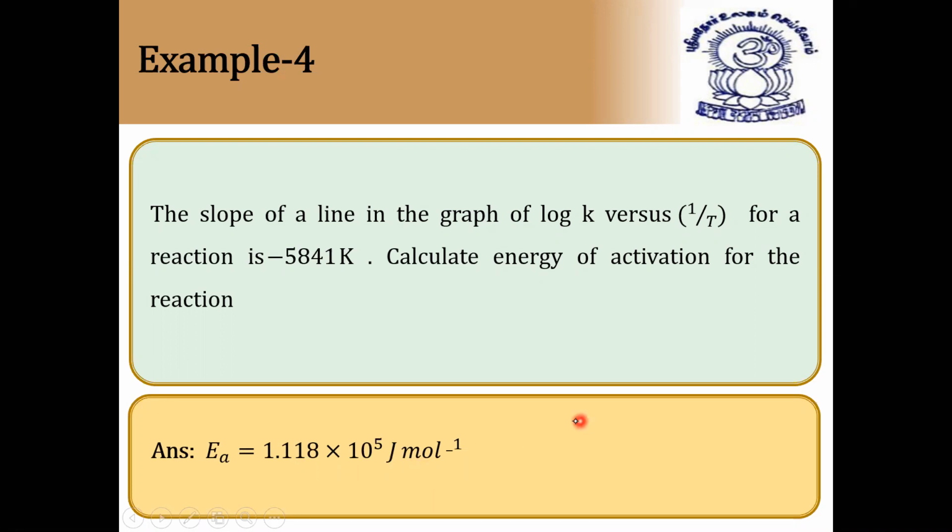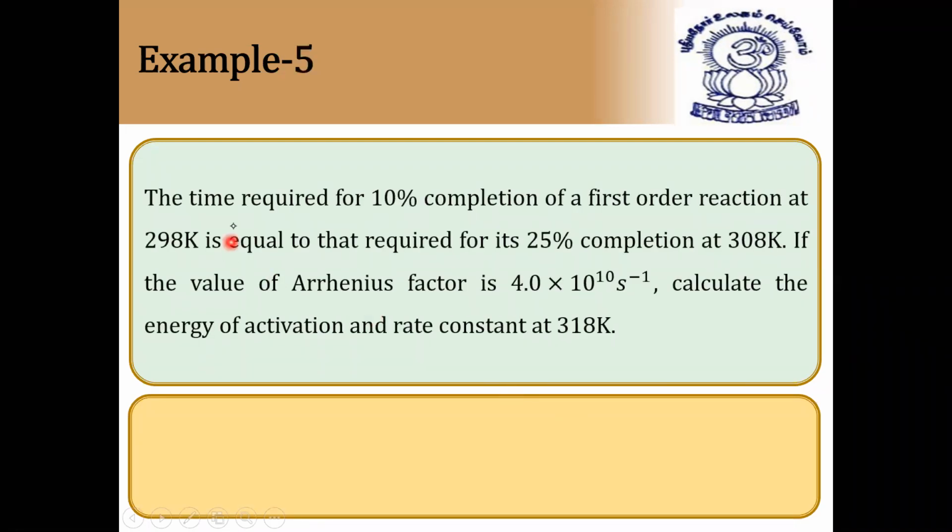Next question. The time required for 10% completion of a first order reaction at 298 kelvins is equal to that required for its 25% completion at 308 kelvins. So let us take, straight away, this is K1 and this is K2, simply rate constants, and this is T1 and this is T2.